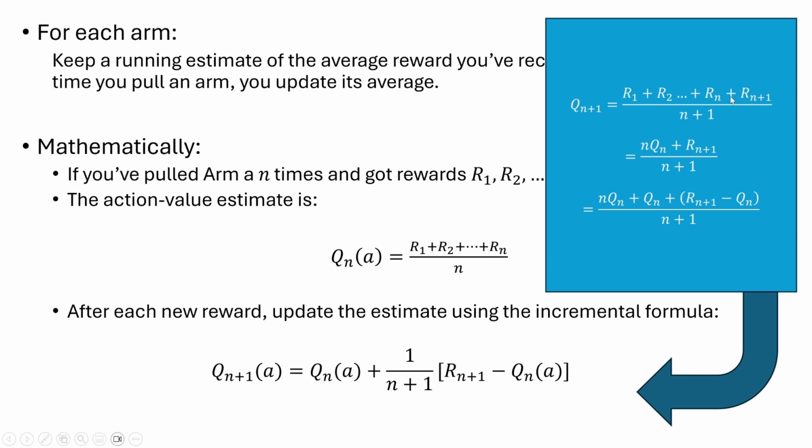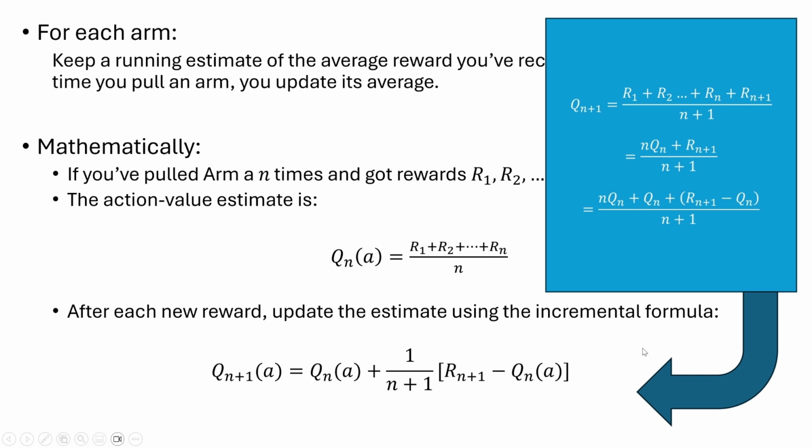The new estimate is just the previous sum plus the new reward divided by the total number of rewards. This sum divided by n is Qn. So this sum is equal to nQn plus the new reward, divided by the total number of times we played the arm, and then we add Qn minus Qn and we get to this point.